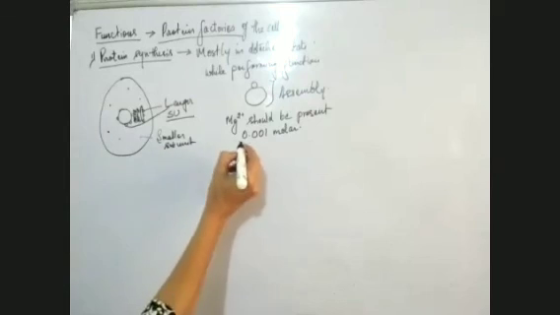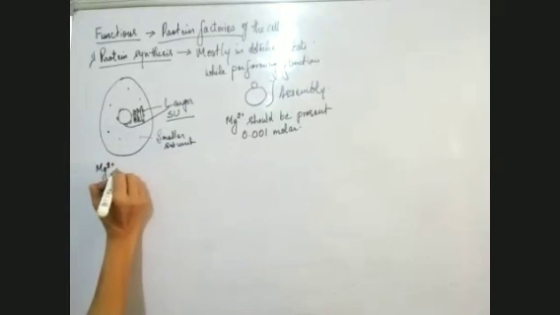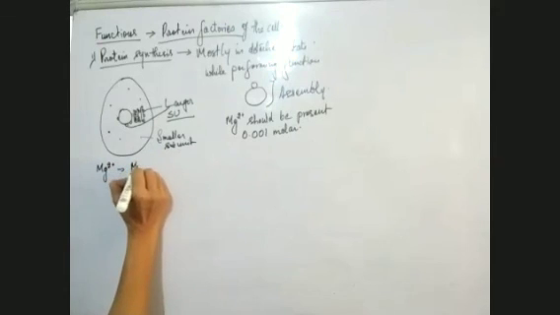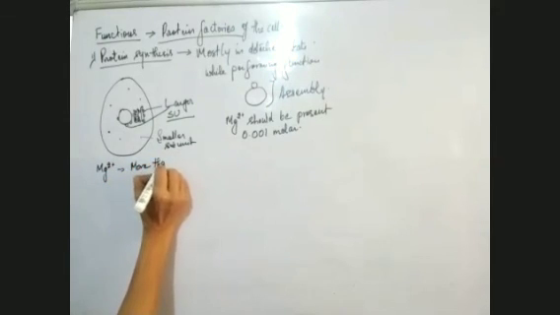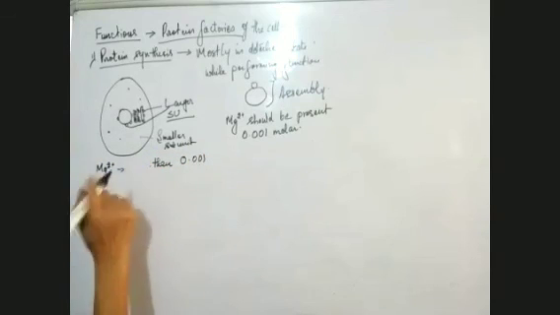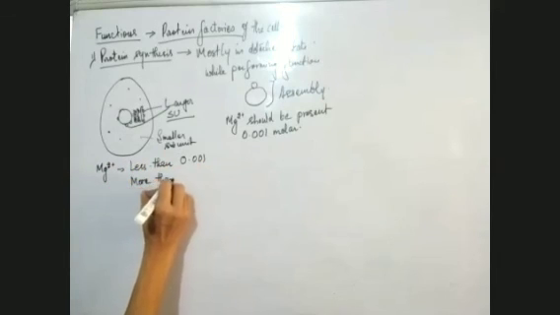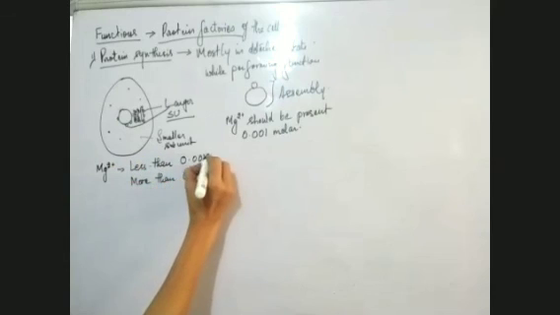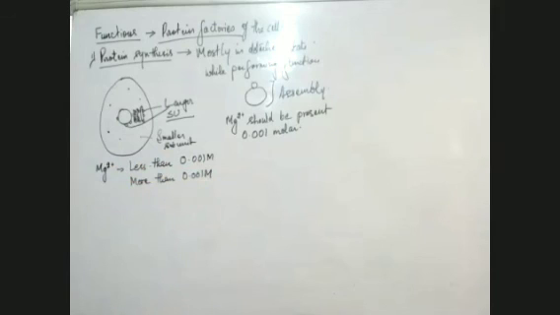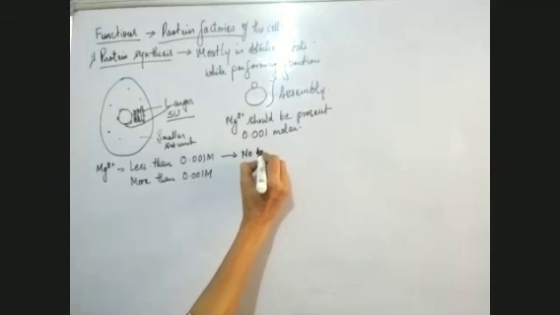Now, what if the magnesium ions are less than 0.001 molar, or more than 0.001 molar? First I'll tell you less than. When it is less than that, no binding will take place.